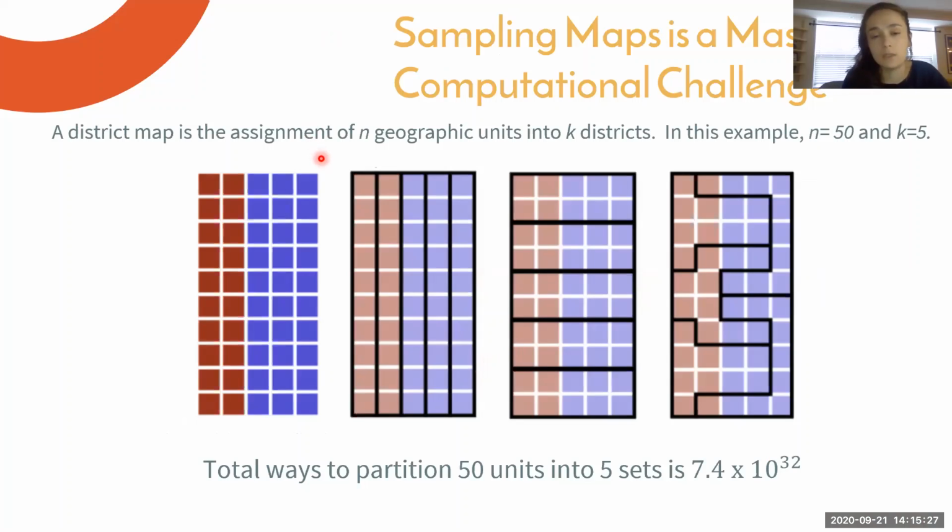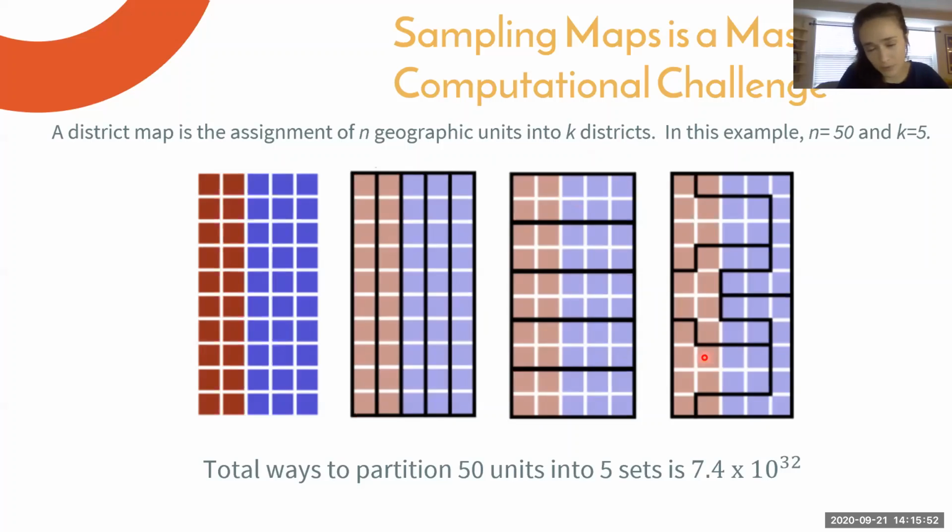In this case, we have n geographic units. Our n is 50, because we have 50 precincts. And we have k districts. Here our k is 5. The total number of ways to put n units, or 50 units in this case, into 5 districts is 7.4 times 10 to the 32. So it's a giant number of ways you can partition these precincts.